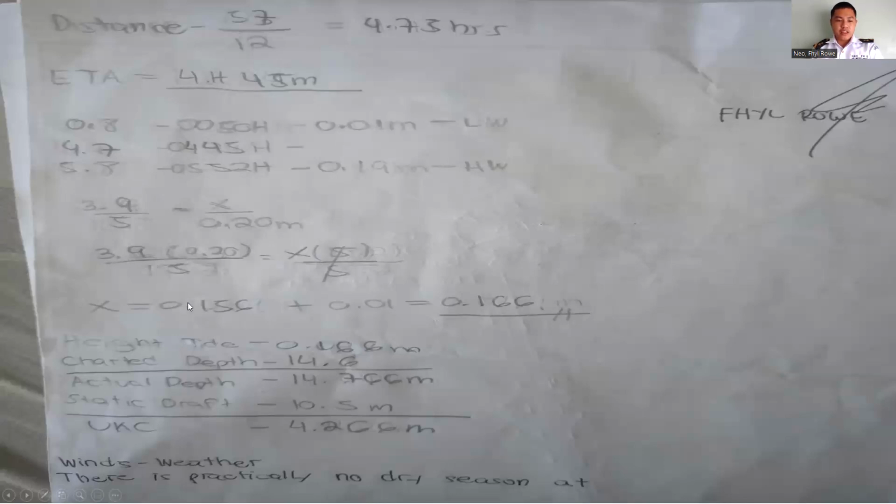Then our x is equal to 0.156, but this is not our height of tide, so we're going to add 0.01 since it's low water to high water. So our final height of tide is 0.166 meters.